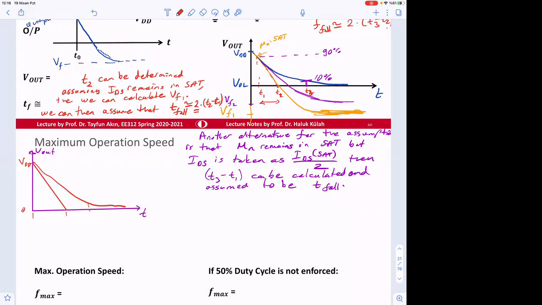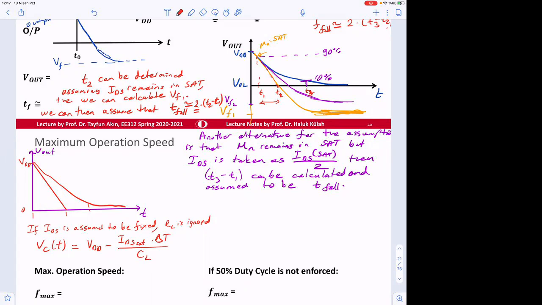Here we can say that if IDS is assumed to be a fixed current, and then RL is ignored, okay, then the capacitor, timing wise, is going to be equal to a linear discharging VDD minus IDS SAT times delta T divided by CL.